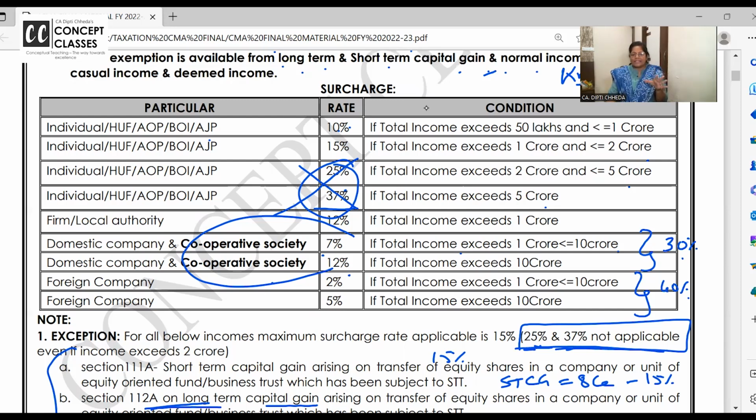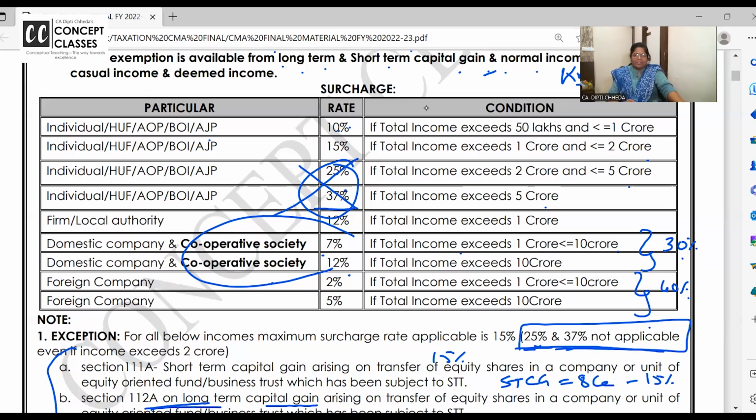Domestic company tax rate is 30%. Surcharge rates are 7% and 12%. Foreign company basic rate is 40%, with lower surcharge rates. What's the change now? Cooperative societies are also paying the surcharge at the rate of a domestic company.